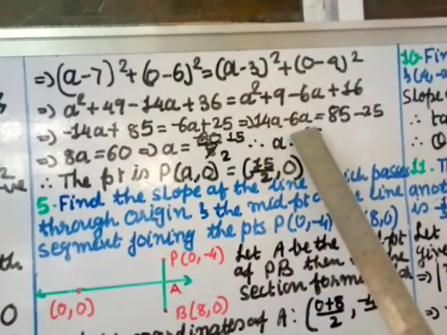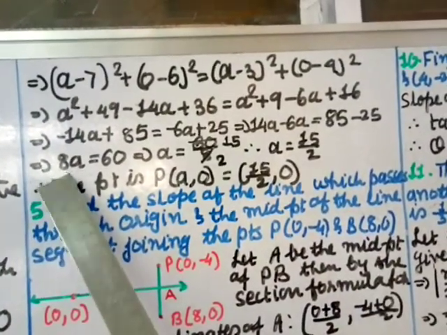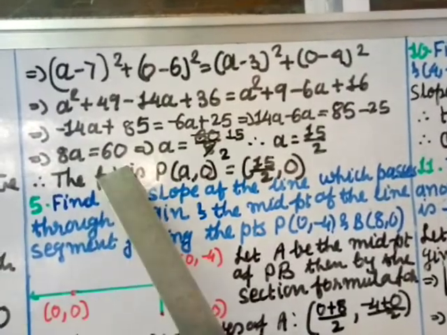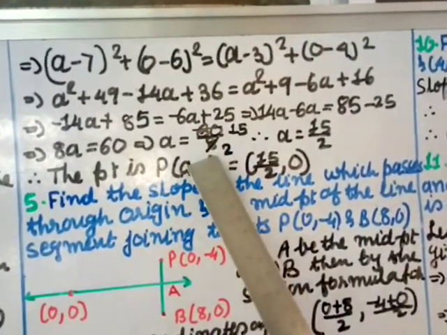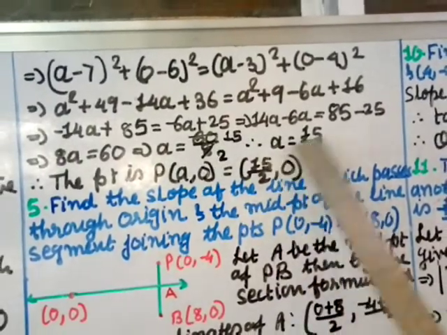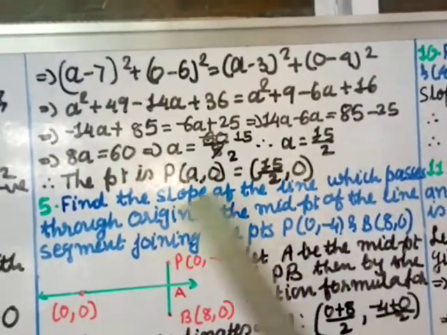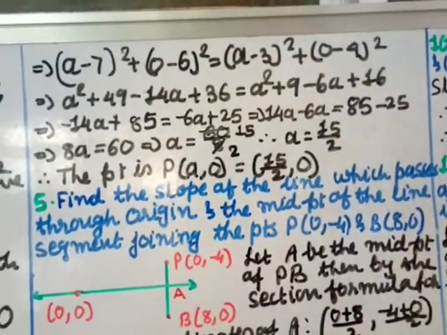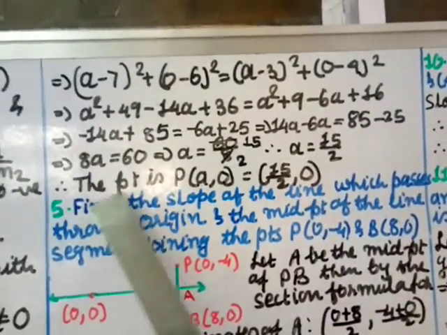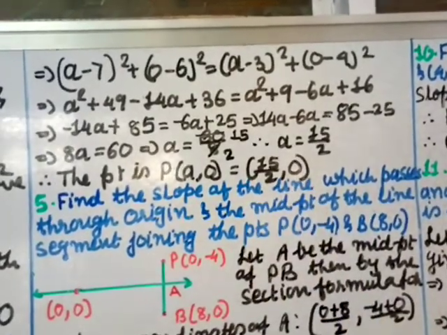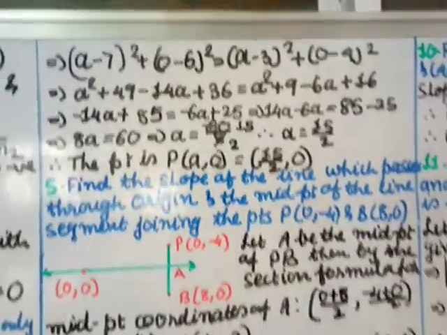So 14a minus 6a gives you 8a equals 85 minus 25, which is 60. 8 you transfer here, so you get a value as 60 by 8. You can cut it by 4, so you get 15 by 2. So the value of a is 15 by 2. So the x coordinate is 15 by 2 and the y coordinate is 0. Therefore the point P is (15/2, 0). So that is the point on the x-axis.